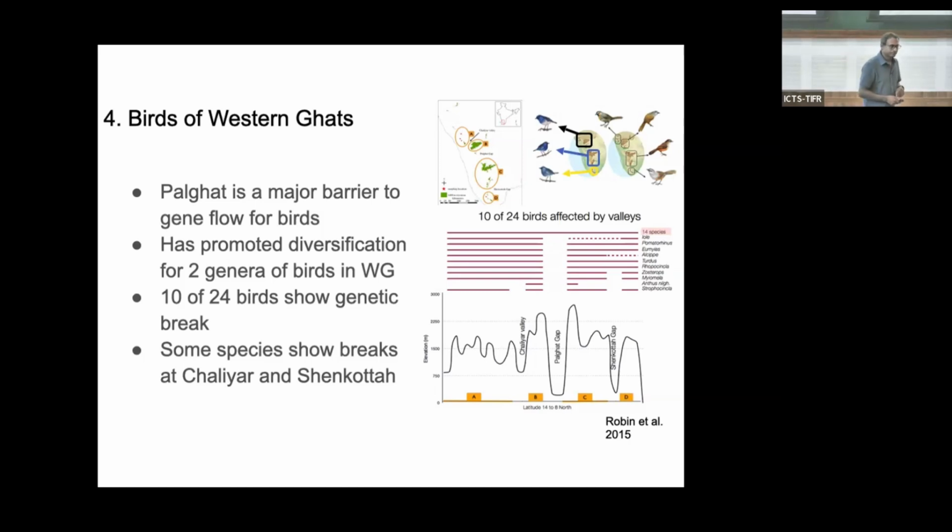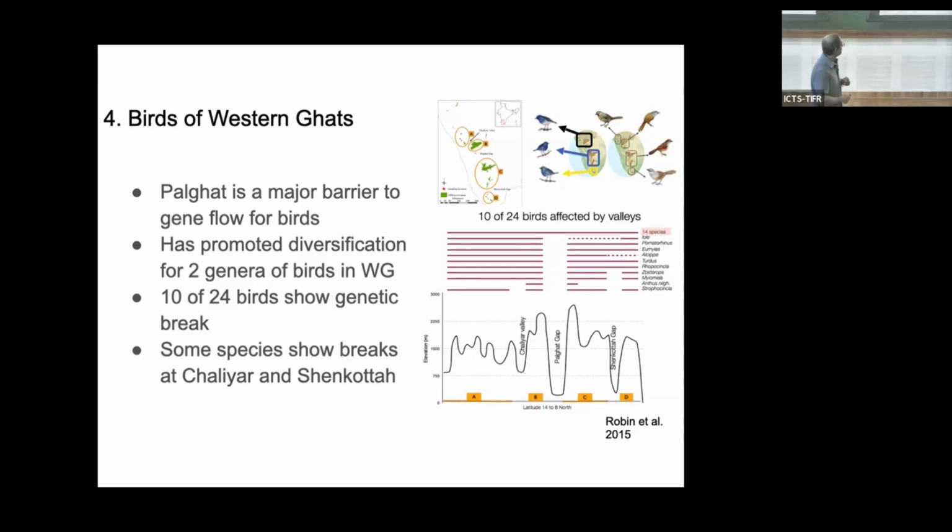The dotted lines are there because we didn't have samples; for 2 species, we didn't have samples from here. I don't know if we know any better now. I don't recollect.